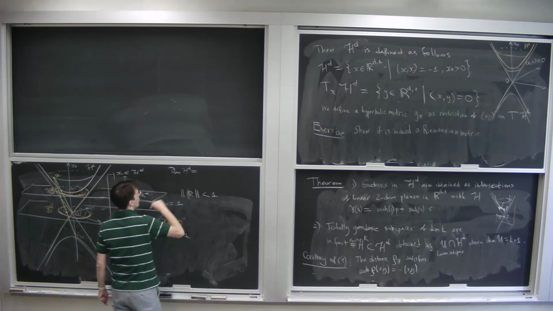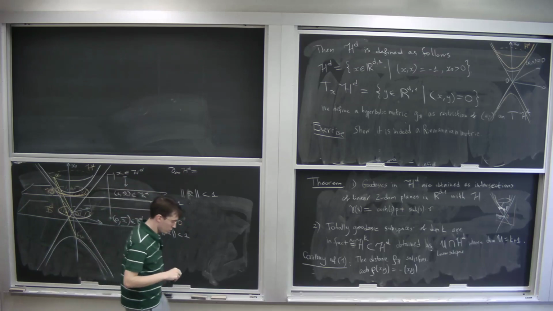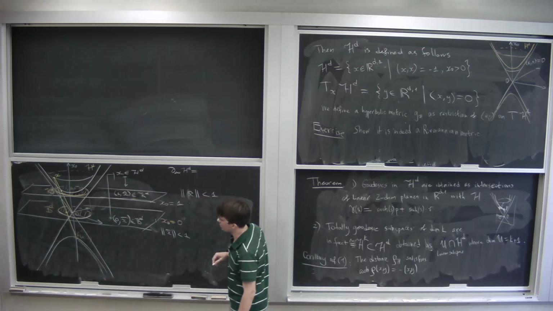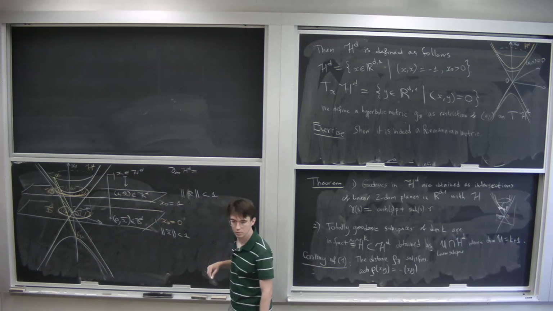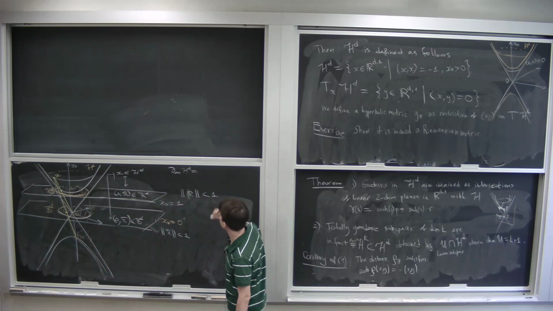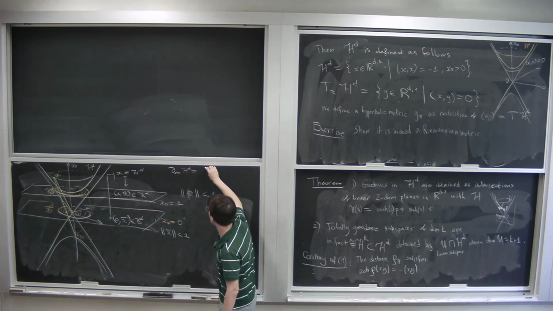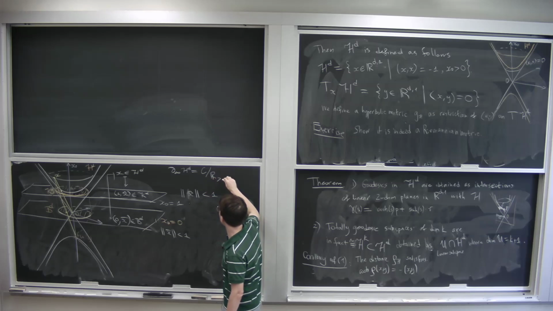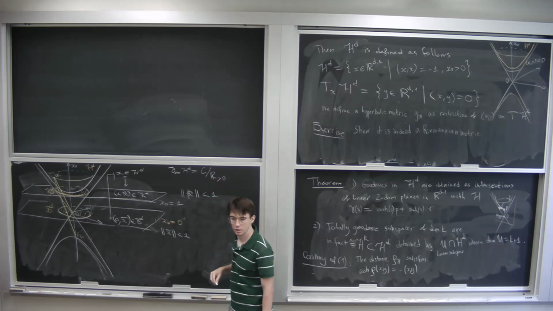So the ideal boundary of HD, what is it? It is the projectivization of the cone, but with respect to positive numbers. So I would say it is the cone C, its quotient by R greater than 0, right?